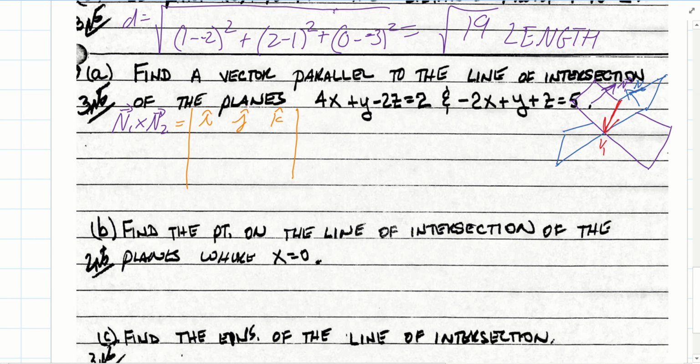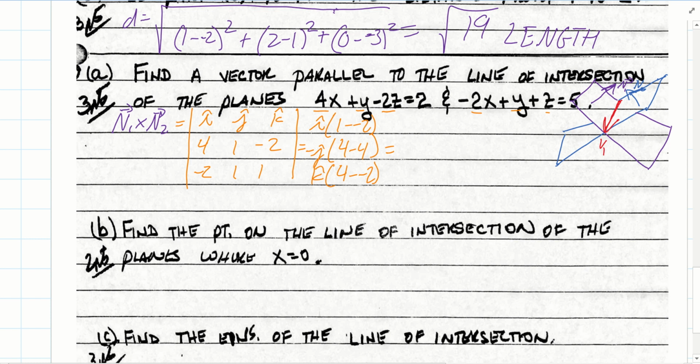Now, N1 vector is going to be based off of the coefficients here. So it's going to be (4, 1, -2). Coefficients here, (-2, 1, 1). All right, get our vector V, which would be i times 1 minus -2, minus j times 4 minus 4, plus k times 4 minus -2.